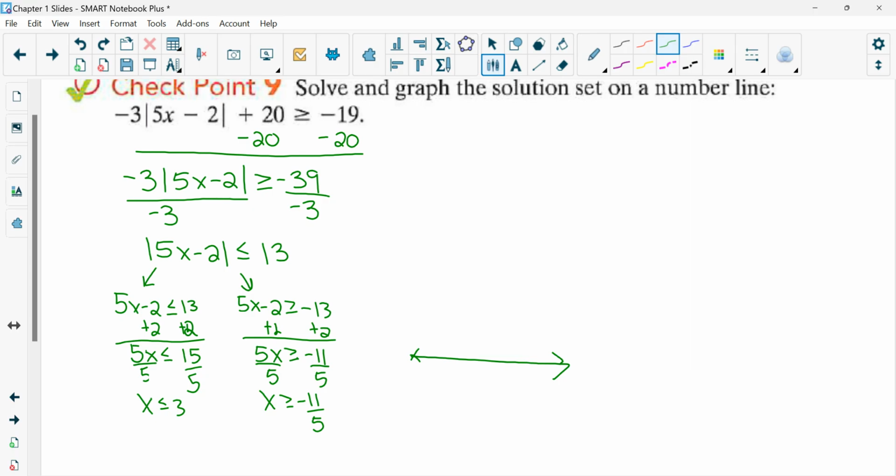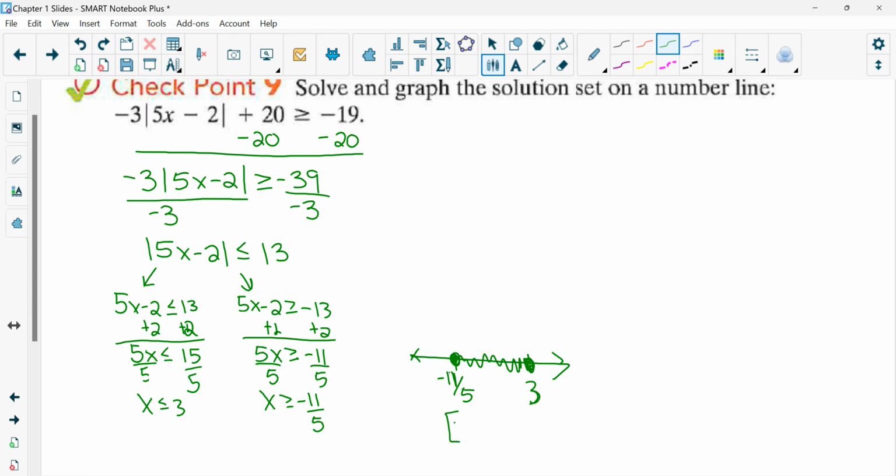All right, so -11/5 is on the left. It would be a closed dot. And then +3 is on the right, again a closed dot. And we want it to be less than 3, greater than -11/5, so that's shading in the middle.